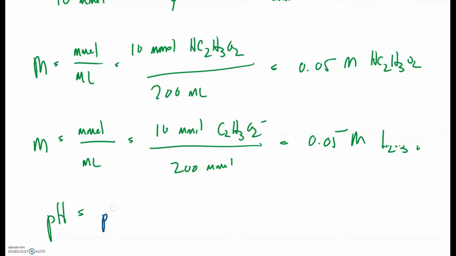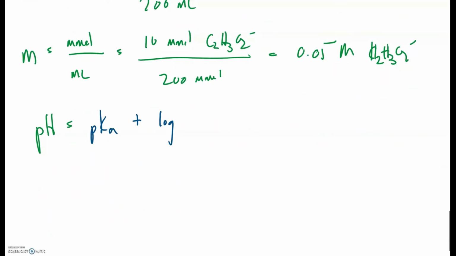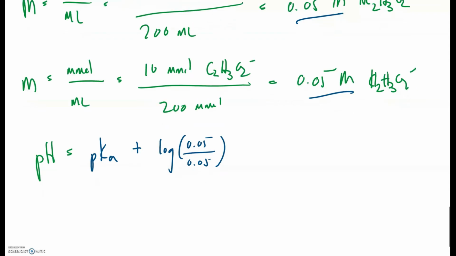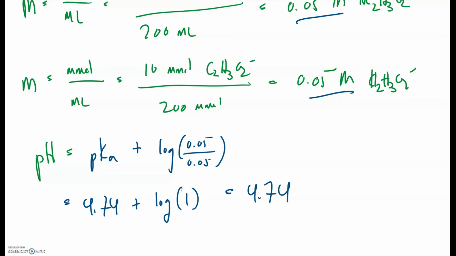pH is going to equal pKa plus log of base over acid. And these guys are both equal at this stage, 0.05 and 0.05. Since the pKa is 4.74, and now we are doing the log of what is effectively 1, that means that at stage C, our pH is 4.74.